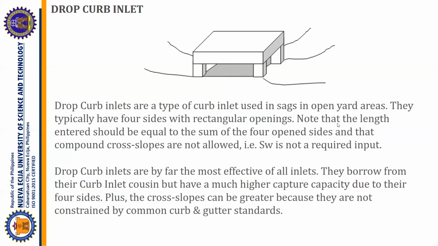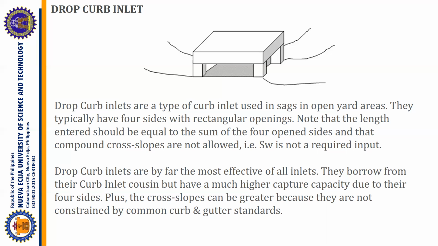Like what I said, note that the length to enter should be equal to the sum of the four opening sides and that compound cross slopes are not allowed. SW is not a required input. So hindi din required yung SW.